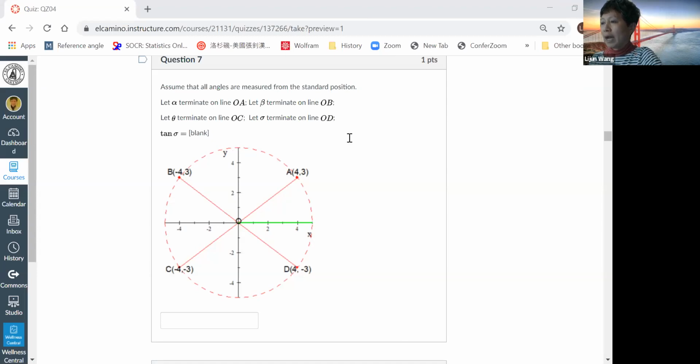What we have here is that the terminal is OD, right? So x equals 4, y equals -3. Of course, r equals 5. We don't need r here. But we're looking for tangent sigma.